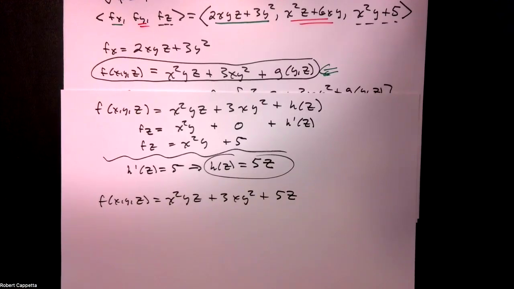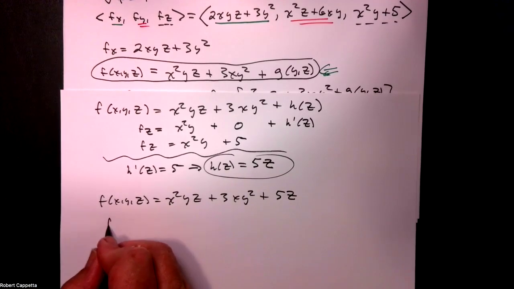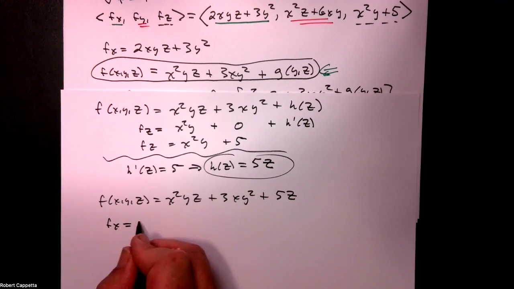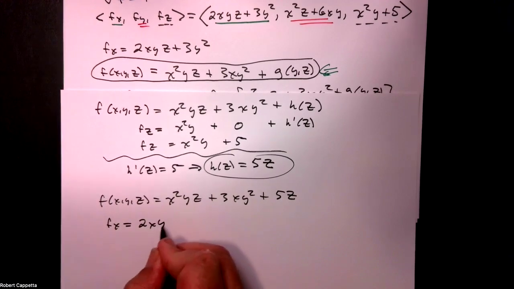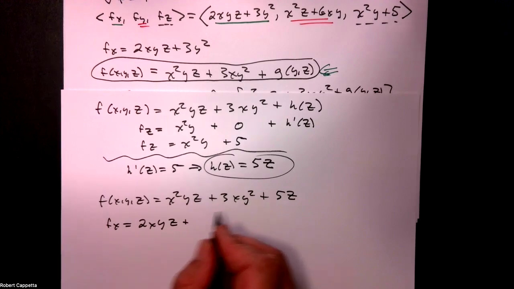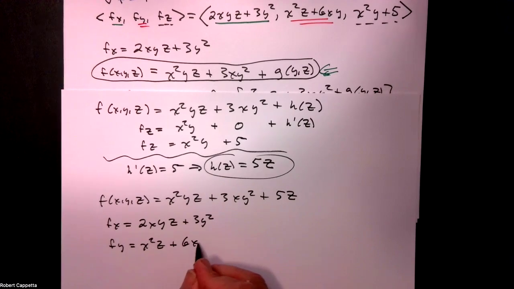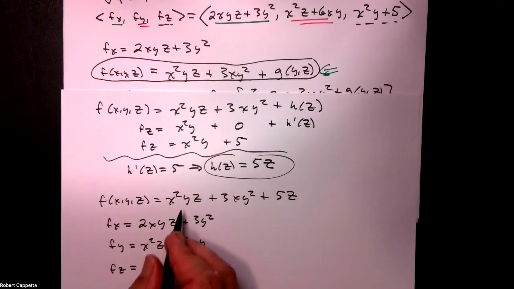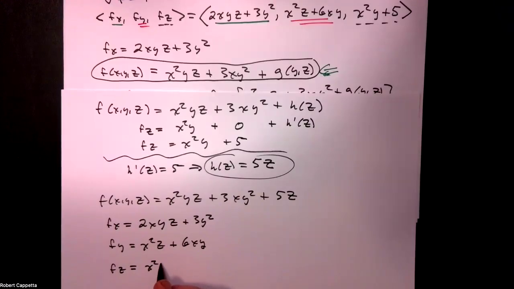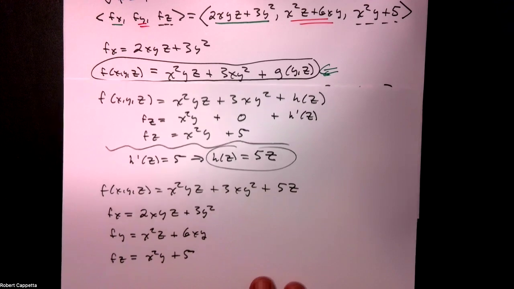Now let's check this by taking a look at its gradient. What is f sub x, with respect to x? 2xyz plus 3y squared. What is it with respect to y? f sub y is x squared z plus 3x times 2y, 6xy. What is f sub z? With respect to z, we get x squared y plus 0 plus 5. So what would my gradient of f be in that case then?